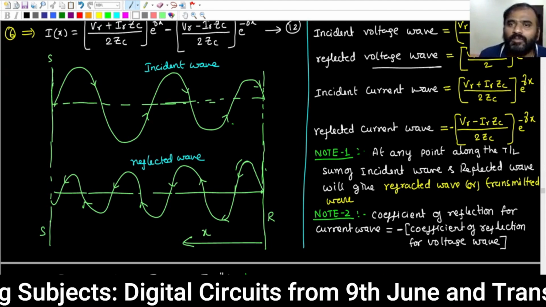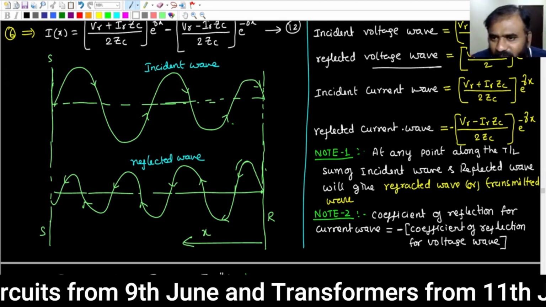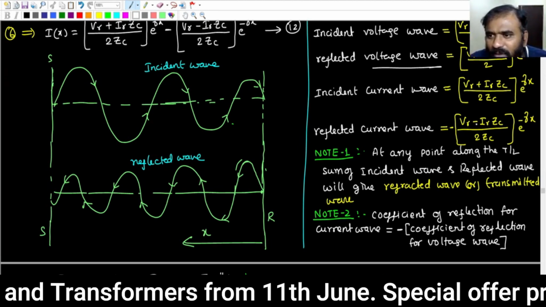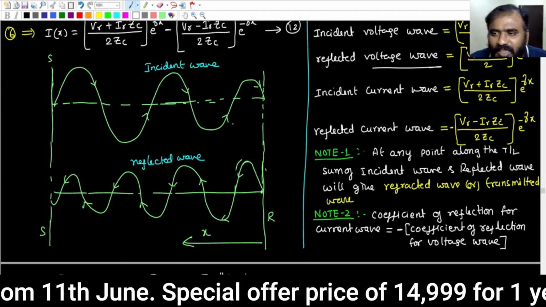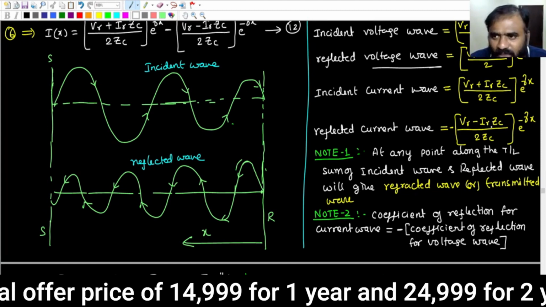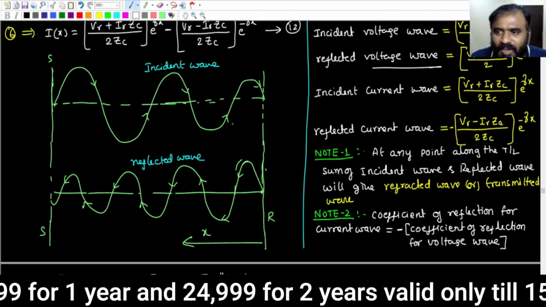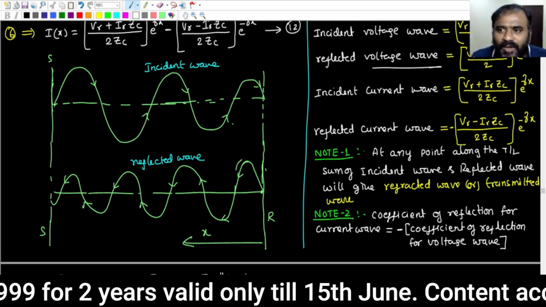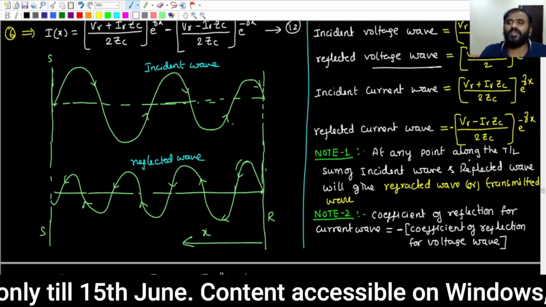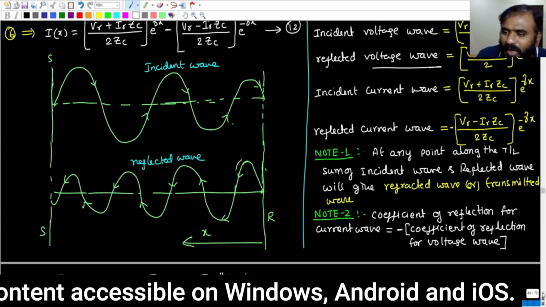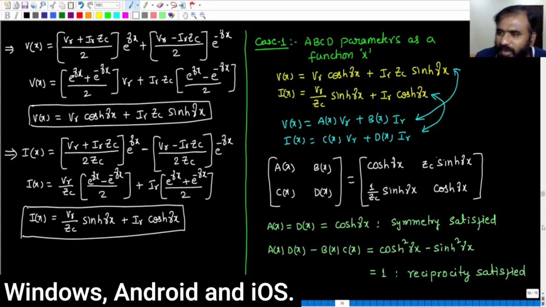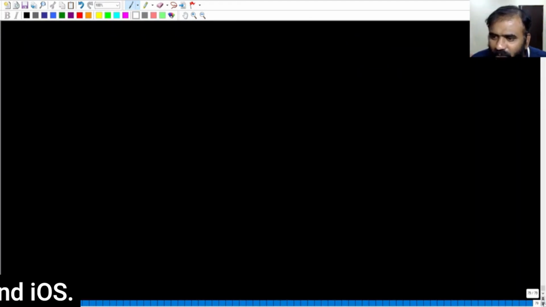Reflected wave is 0. Similarly, the reflected current wave: VR minus IR ZC. IR ZC is nothing but IR ZS, since for a lossless line ZC is ZS. So IR ZS is VR. VR minus VR again is 0. So there is no current reflection and voltage reflection under surge impedance loading.